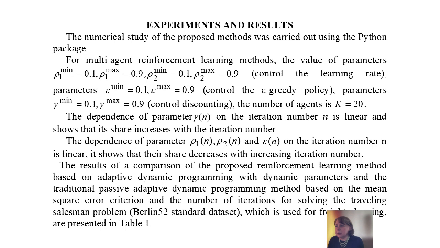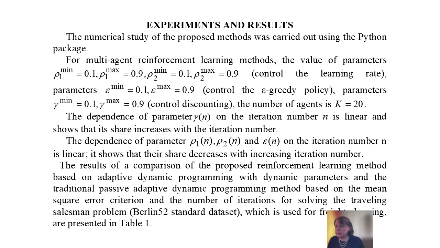The numerical study of the proposed method was carried out using a Python package. For the multi-agent reinforcement learning method, the values of the parameters are ρ1 min equals 0.1, ρ1 max equals 0.9, ρ2 min equals 0.1, ρ2 max equals 0.9. These control the learning rate.